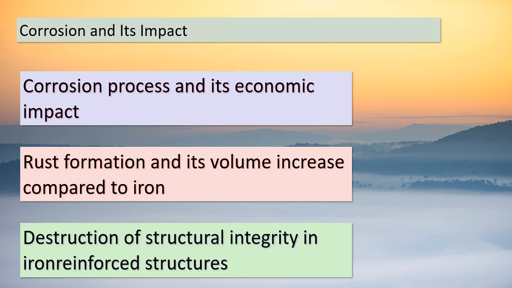This can become a problem, as it can lead to the destruction of the structural integrity of iron-reinforced constructions. In fact, it's estimated that a significant portion of the iron produced annually in the United States, up to 20%, is used to replace items that have been discarded due to rust damage. Let's move on to the next topic to explore this further.